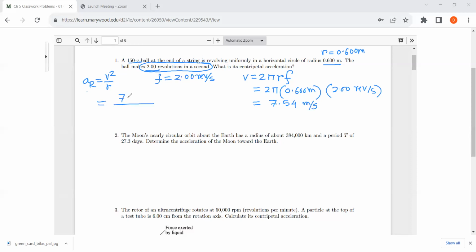So this will be 7.54 meter per second, and the centripetal acceleration I got is equal to 94.7 meter per second square. So easy. Here the velocity is not directly given. We have to determine velocity from the equation 2 pi r f. All right, let's move on to the next problem.